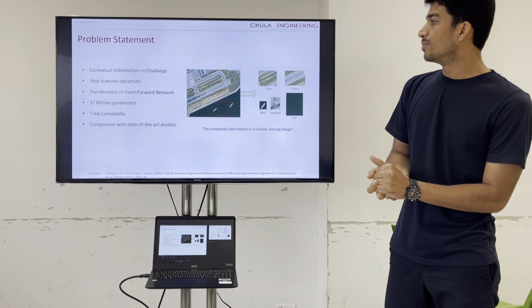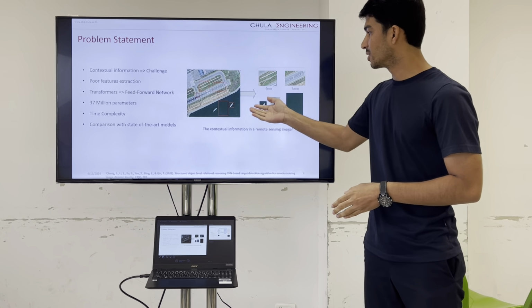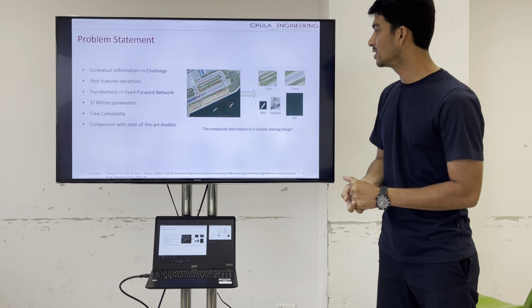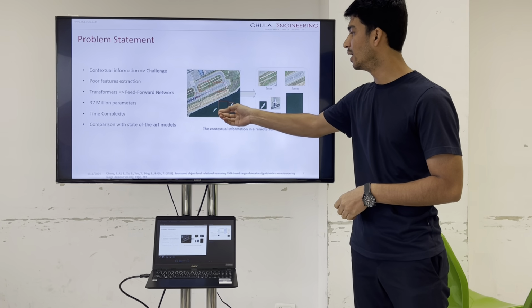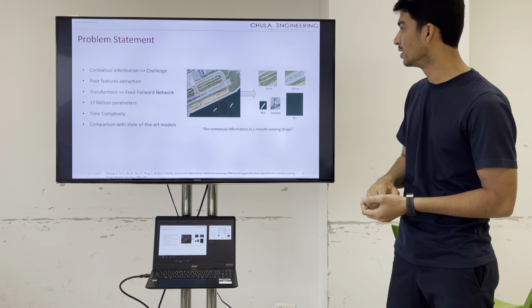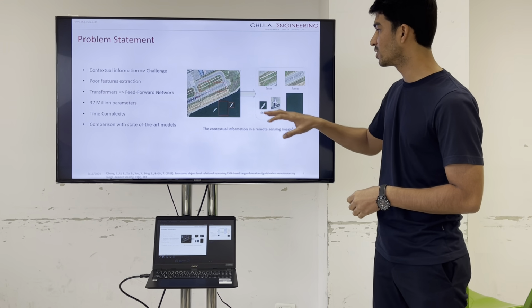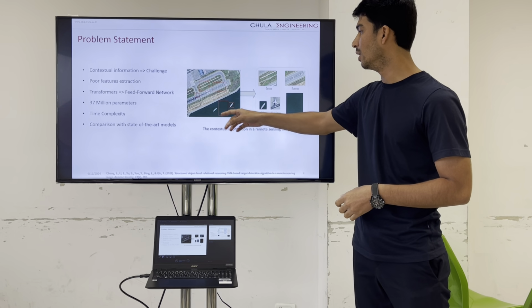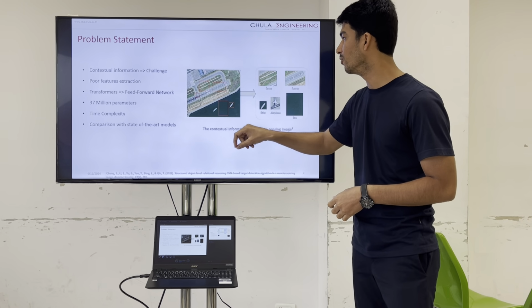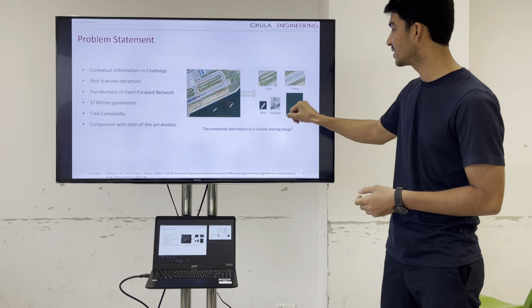So the problem statement is, we have a picture first. As we can see in the picture, we have an airport, runway, grass, and ship, and the aeroplane as well. For this picture, the important insights are the aeroplane, the ship, and these two figures, and also the runway, because we have nothing to do with the grass and the sea.